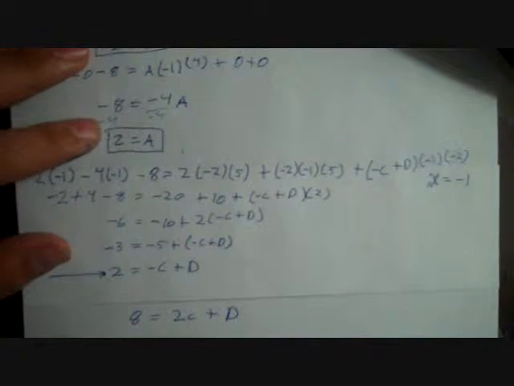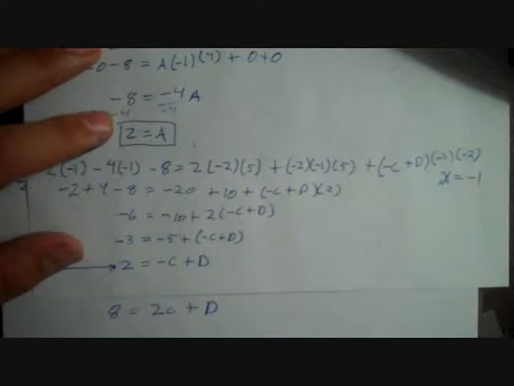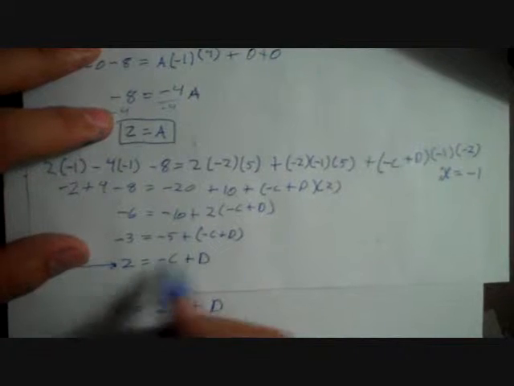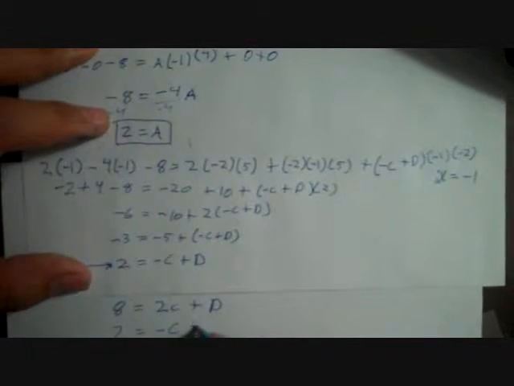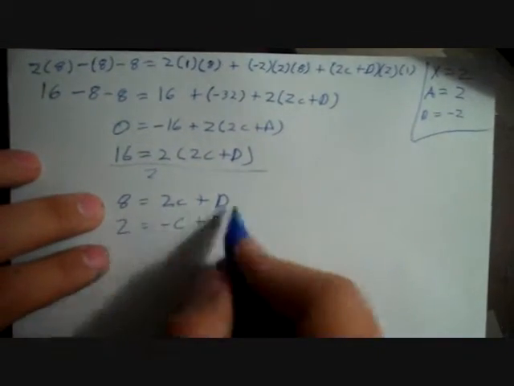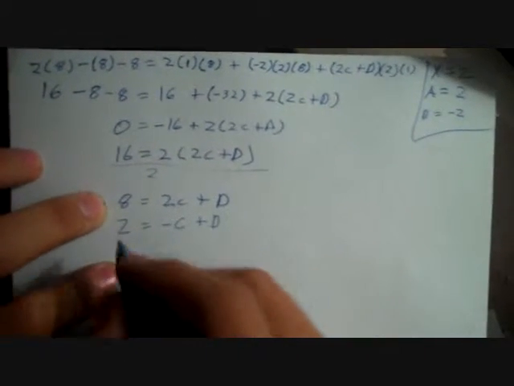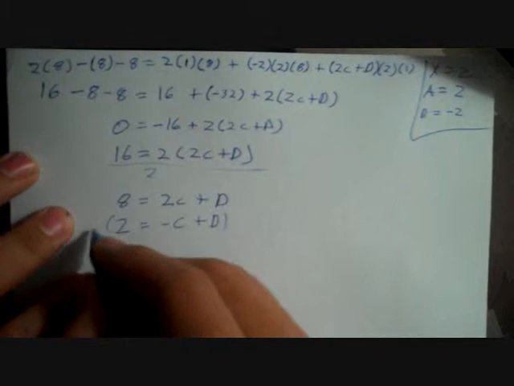Alright, now let's combine that with our previous relation that we came up with. So we'll have 2 equals negative c plus d. And, well, we know how to solve this. It's a simple system of equations. We can do elimination.